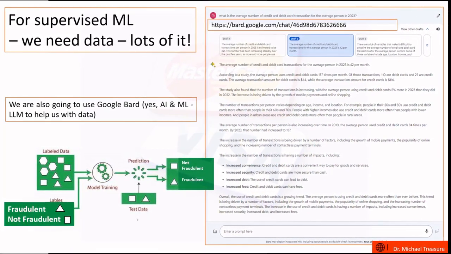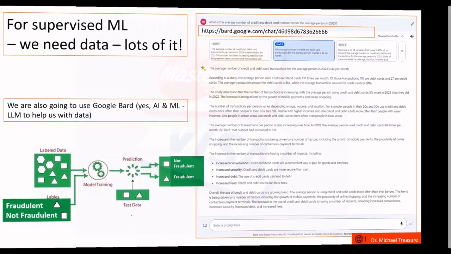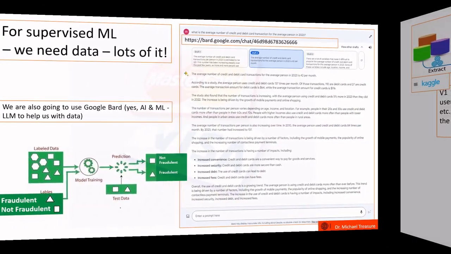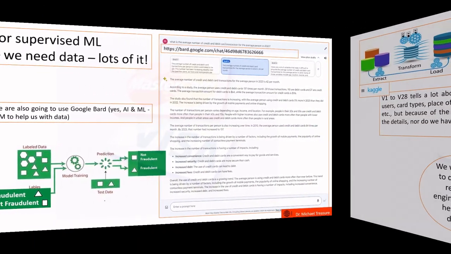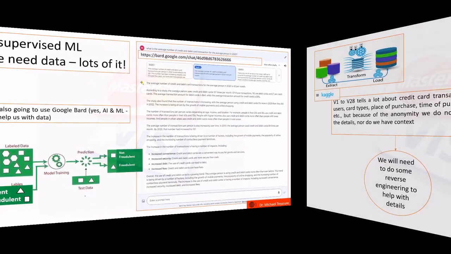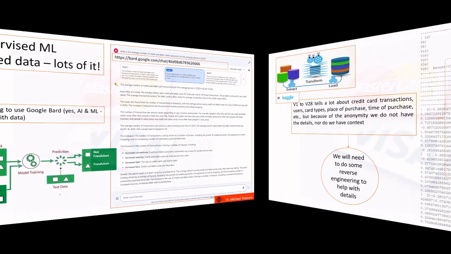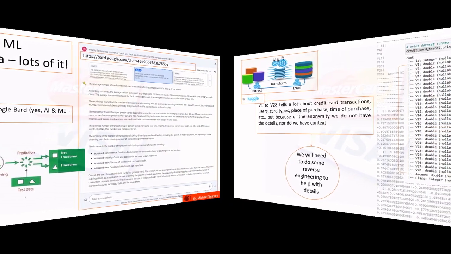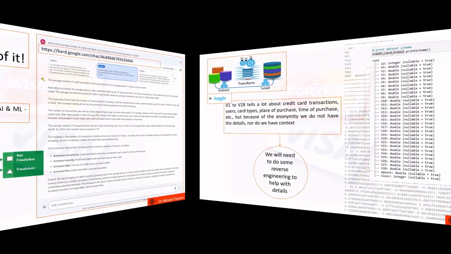The average transaction amount for debit card was $64 and for credit cards it was $116. These stats will become very useful to us later on in our machine learning model development.